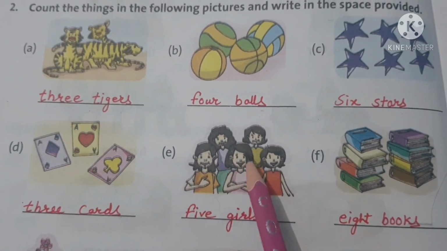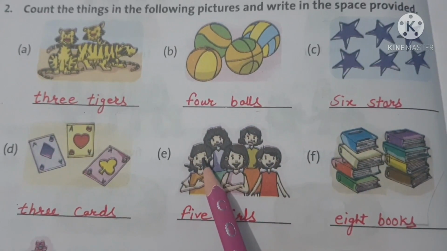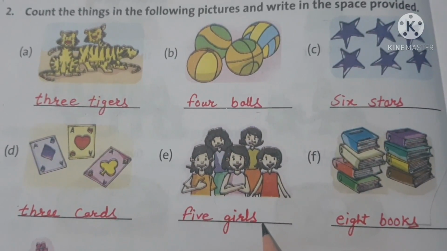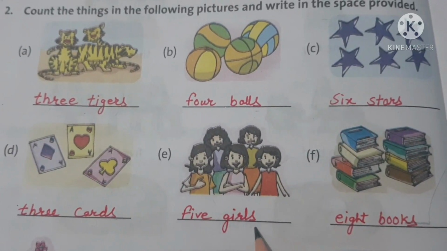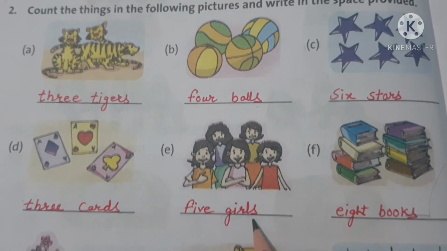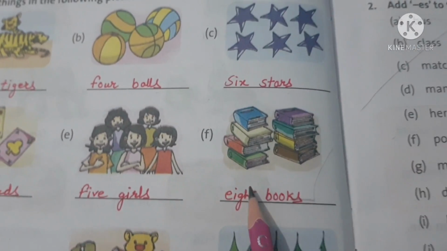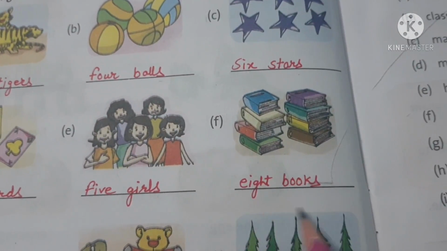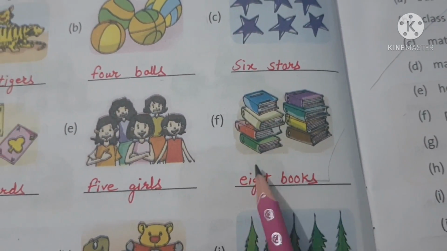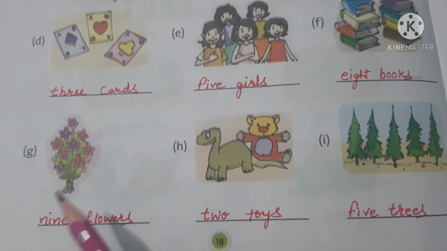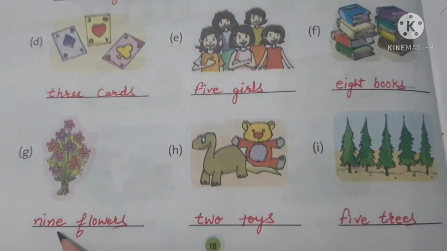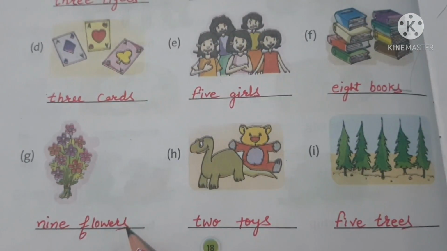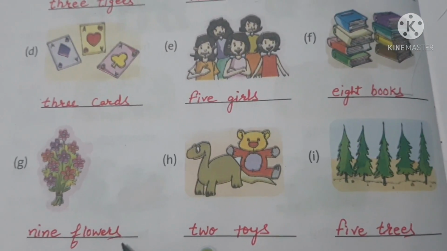Now see here, one girl, and when we have more than one, we will say girls, right? Now here we have 5 girls, right? Simply here we have added s in the end. One book, and when we have more than one, we say books. Now here we have 8 books. Now likewise children, here one flower, and when we have more than one, then we will say flowers. So here we have 9 flowers.